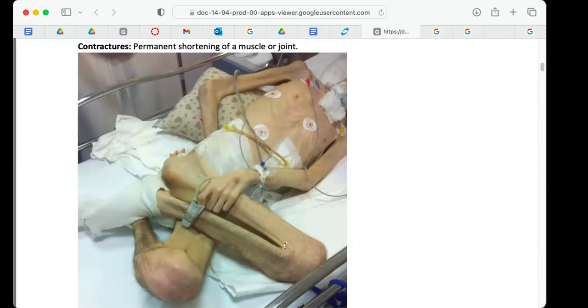If you tried to straighten his leg out, it would probably be almost impossible, like you'd break the bones, because the joints are very stiff. So we prevent this from happening, because once it happens, you can't really reverse it. It'd be very hard, but you can prevent it.